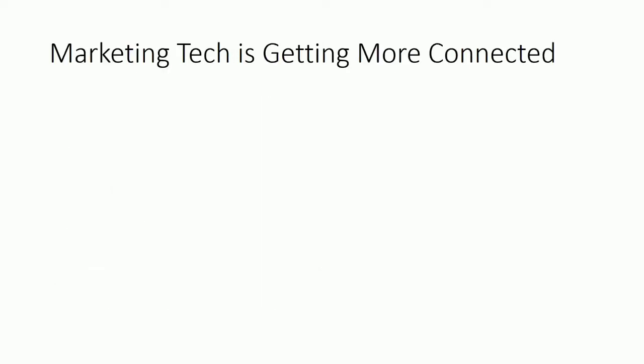Marketing technology, as you know, is now getting more connected. Now, if I lose anyone, it's going to be in the next few seconds. I'm going to mention a few things that you may or may not know about. There is an application called IFTTT, if this then that. Basically, all it does is connect two applications. So these really cool applications we've been talking about, there are now applications that connect those applications.